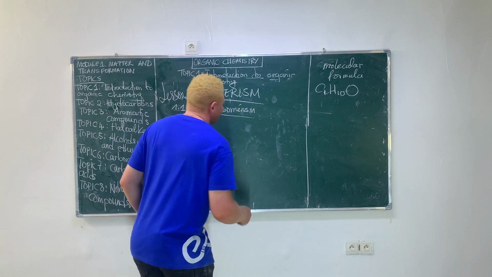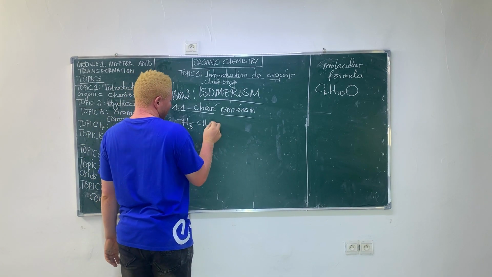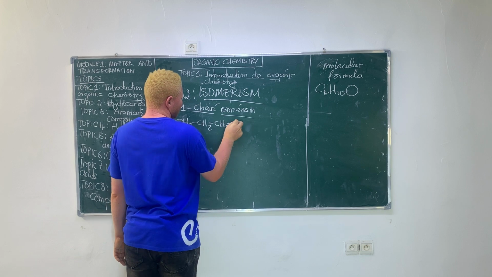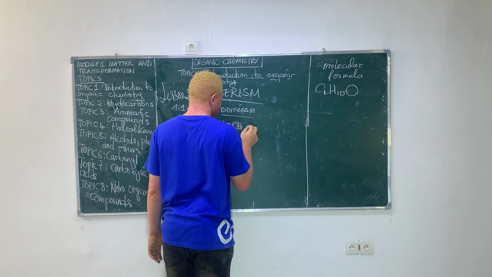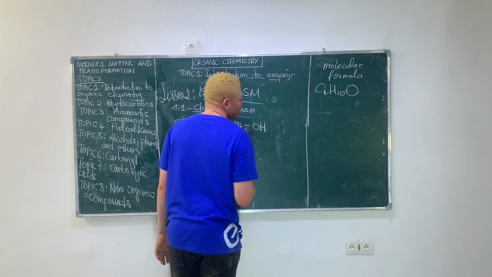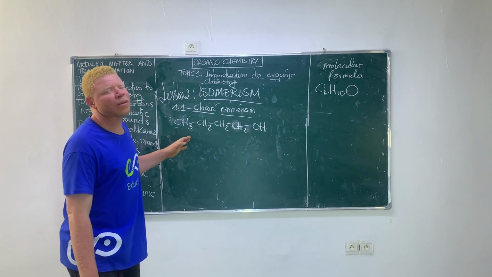So consider these two organic compounds. CH3, CH2, CH2, carbons 1, 2, 3, 4. So this is one of the isomers.